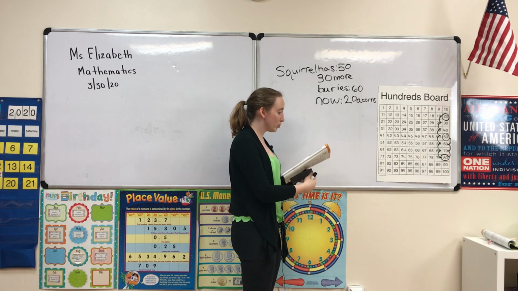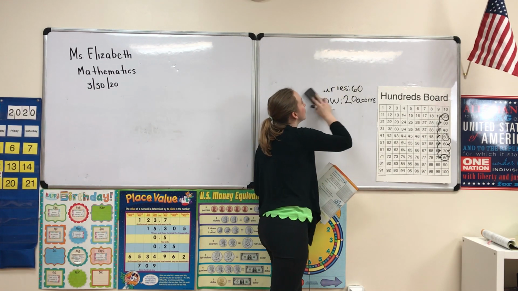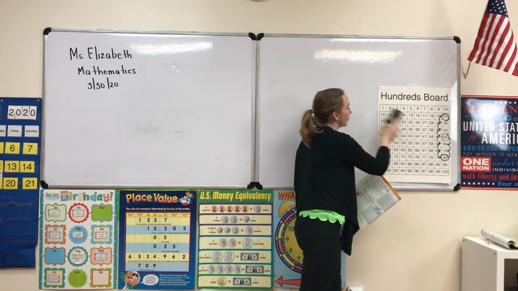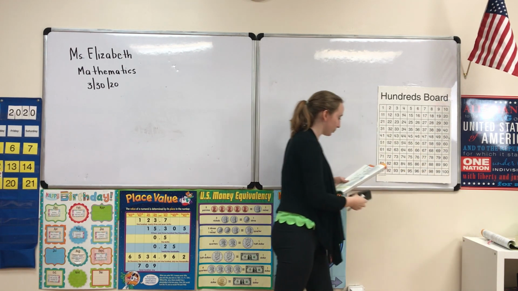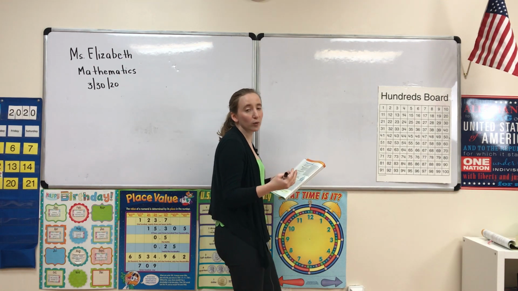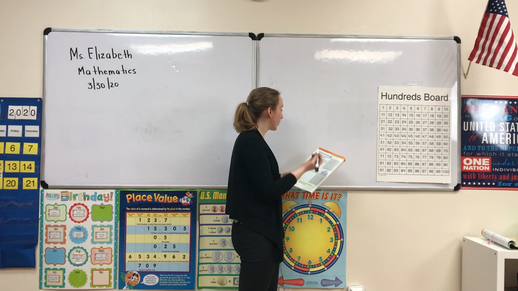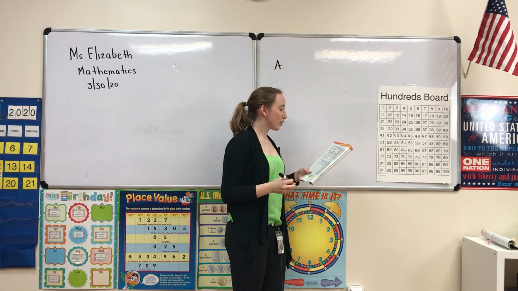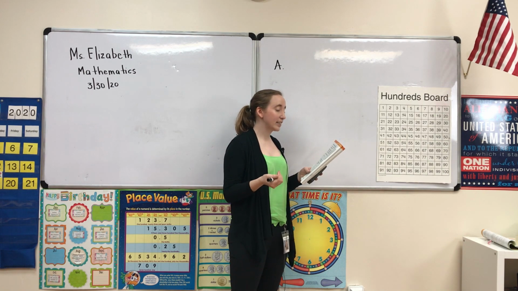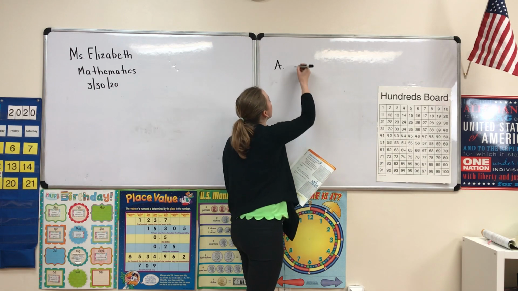All right, we're going to move on to our next page. Again, we're going to use the hundreds chart to add by tens. A in your books says, one class collects empty cans. On Monday, they collect 30.